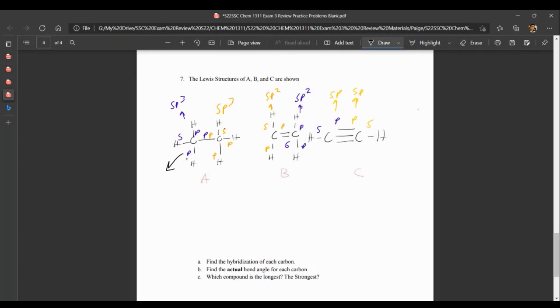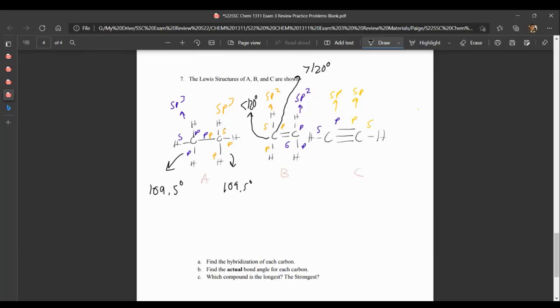Now find the actual bond angle for this one. So the bond angle for 3 electron groups is 120 degrees. For this bond angle, you would expect it to be a little bit greater than 120 degrees because there's a double bond here, and this one would be a little bit less than 120. Why 120?